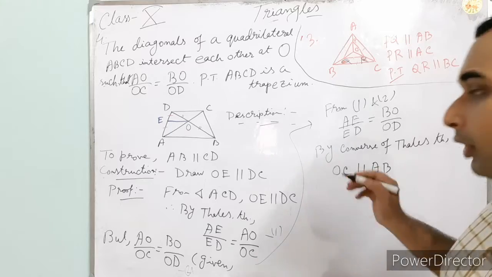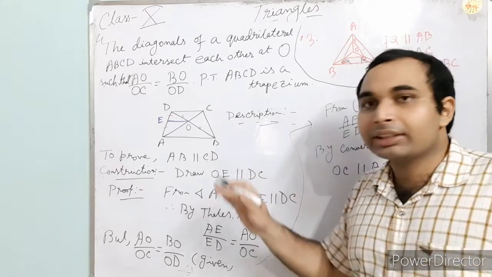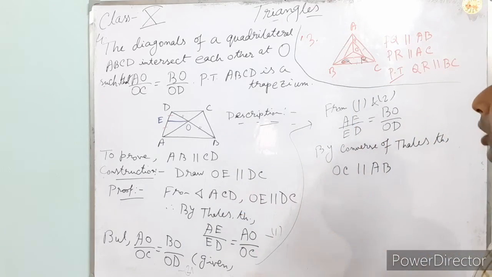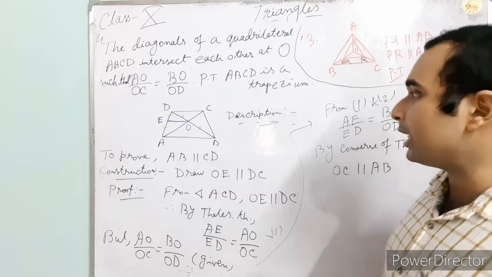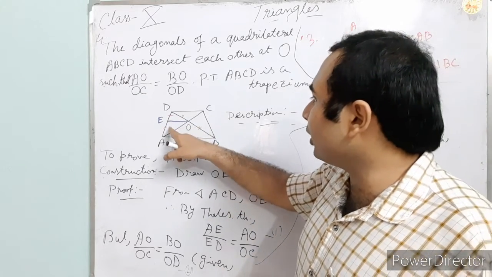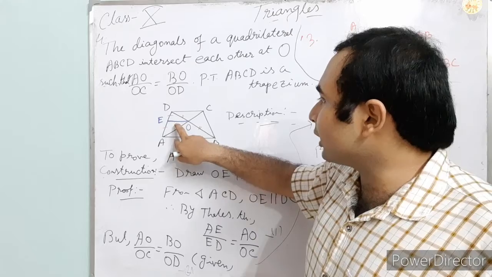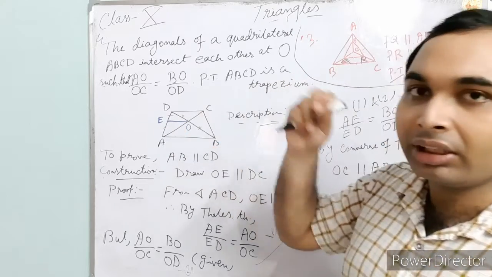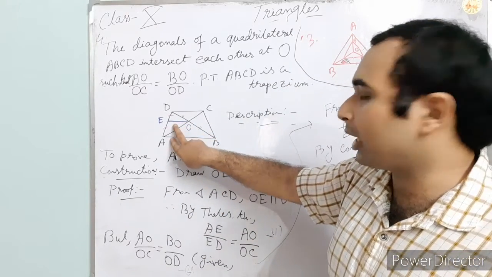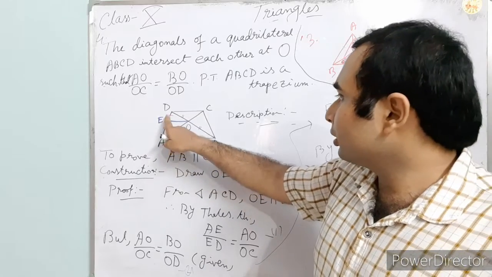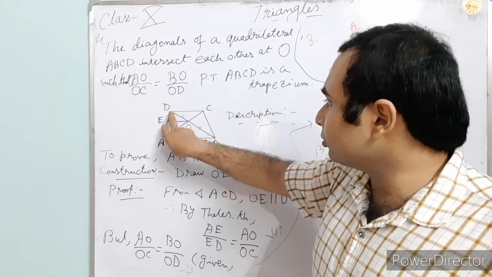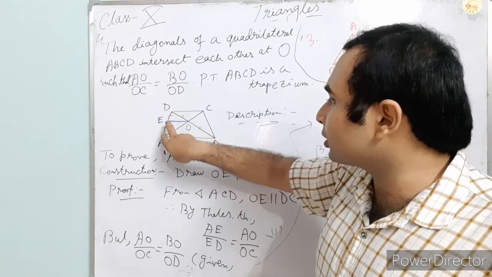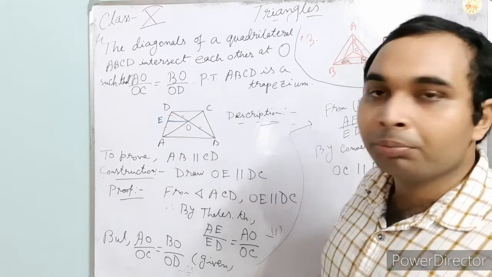See, very important: Thales theorem and the converse of Thales theorem are both being applied. The Thales theorem says, in short, that whenever two lines are parallel, then the sides they intersect are in proportion.